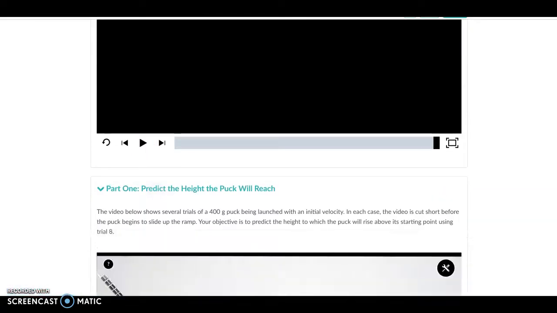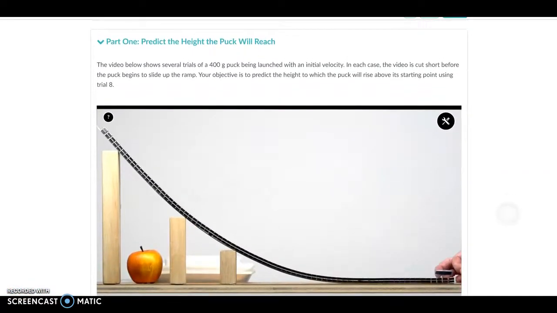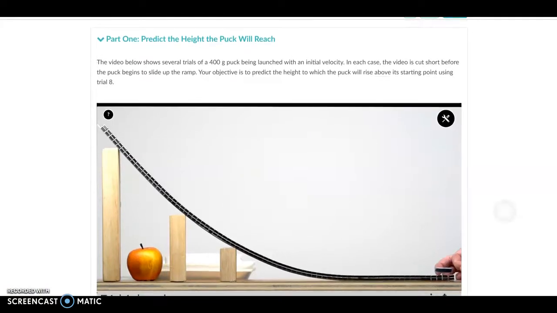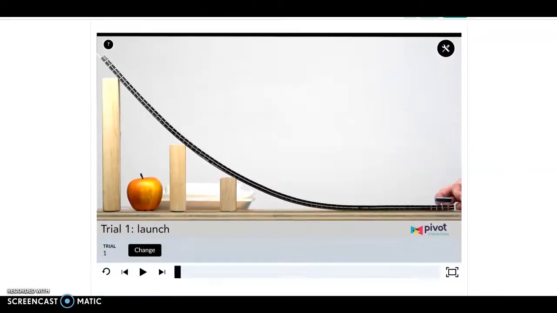Okay, great. So the predict video shows several trials. Predict the height. Your objective is to predict the height to which the puck will rise. So let's see, what does this do? That's interesting.